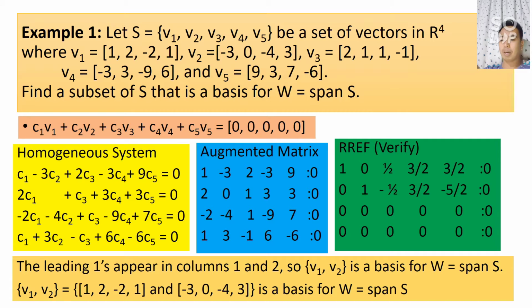So vector 1 and vector 2 form a basis for W spanning S. So we have the set {v1, v2}, where v1 is (1, 2, -2, 1) and v2 is (-3, 0, -4, 3), as a basis for W spanning S. Let's have example number 2.